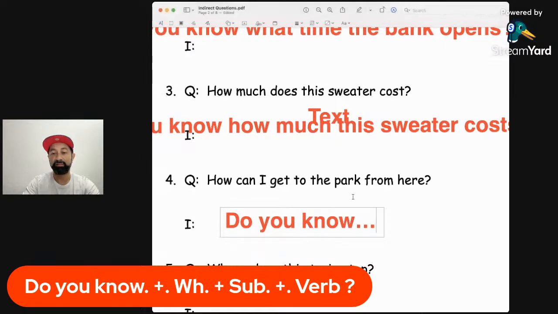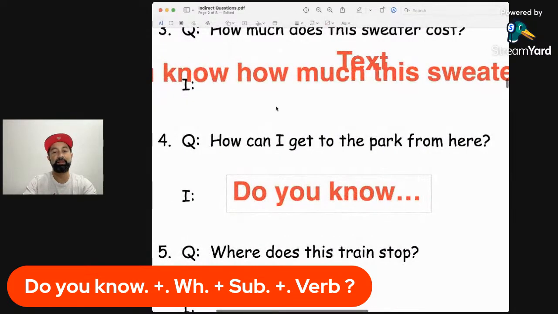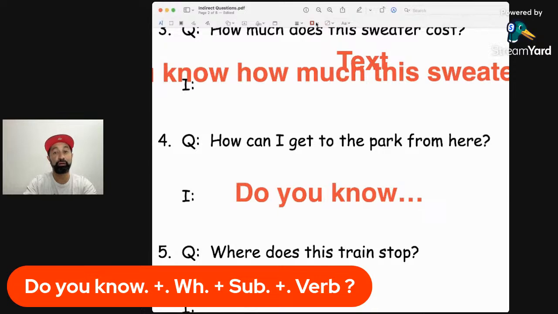So in this next one, number 4, how can I get to the park from here? This one's a little bit tricky because we have two verbs. We've got the can verb and we've got the get verb. Now, in this situation, I need you to use both verbs. We're going to put both verbs in the same order.